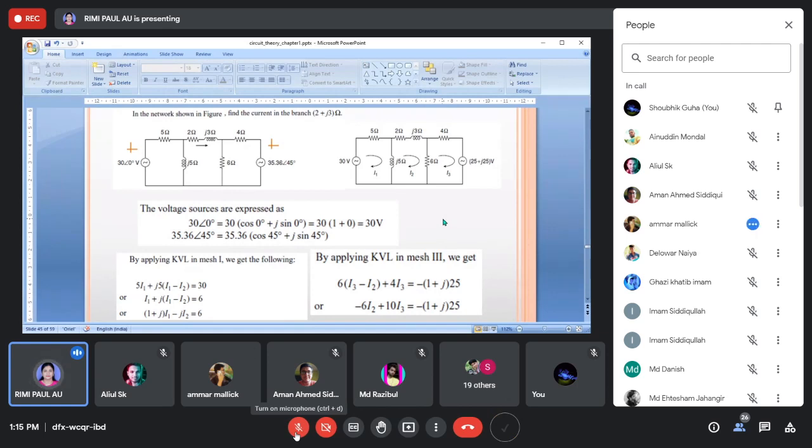Okay, you will go through this. Next, roll number 23. Draw this figure.